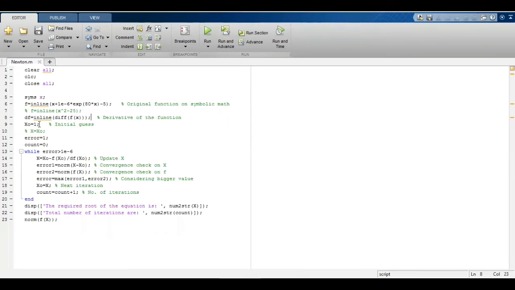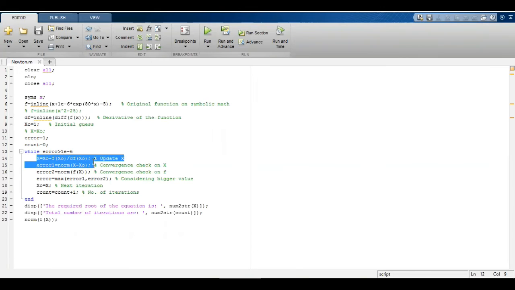This is my initial guess. This is my initial error which I have specified as 1, and I will use this count variable to calculate the total number of iterations. Now I have used a while loop over here. As long as my error is greater than 10 raised to power minus 6, the simulation will not stop.